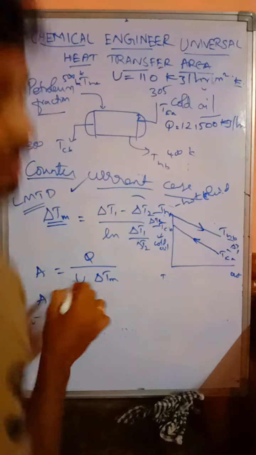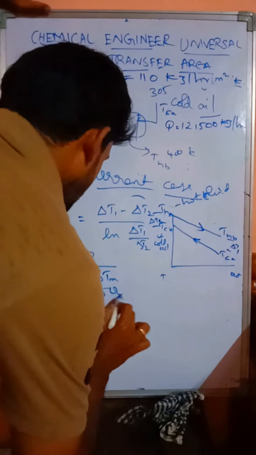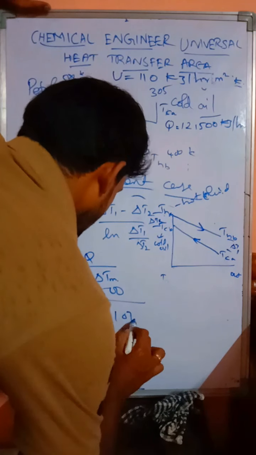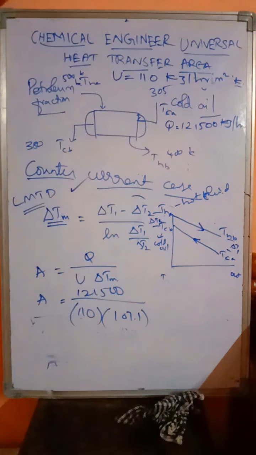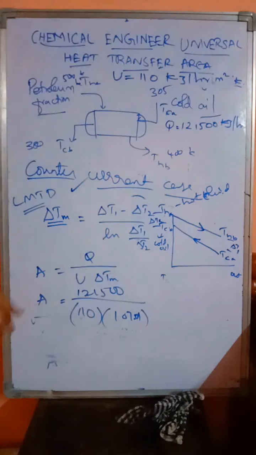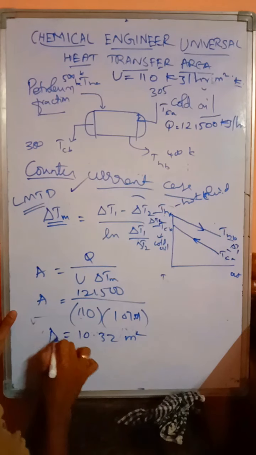That is 121500 divided by U, which is 110, multiplied with 107.1, as we found out. You will get an area of about 10.32 meters square.